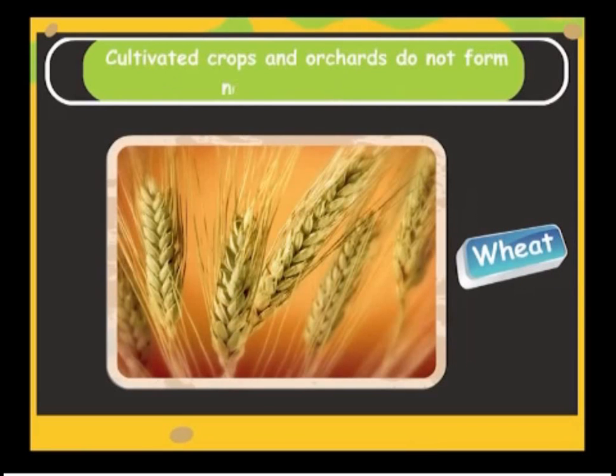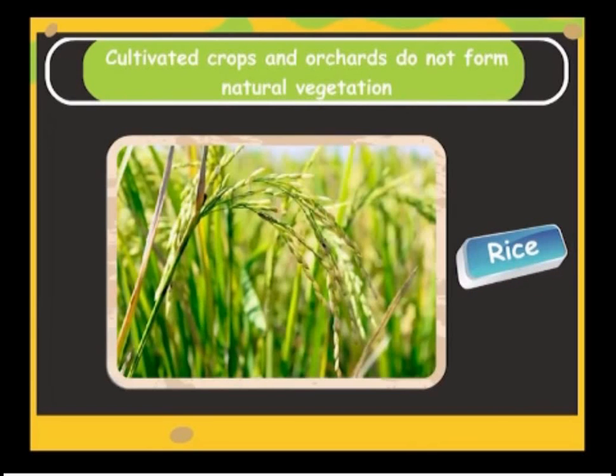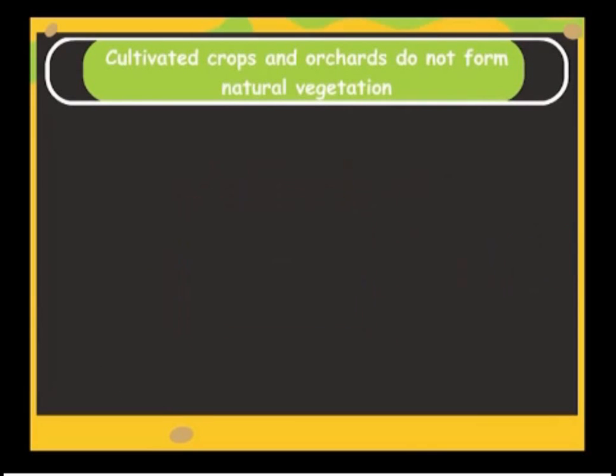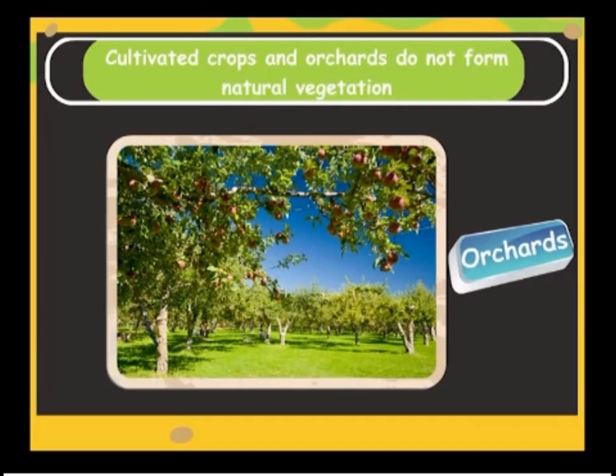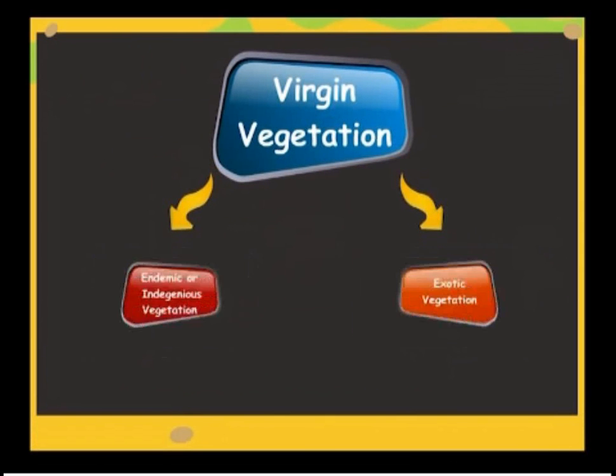All types of crops we grow, like wheat, maize, rice, and orchards, form a part of vegetation, but they do not grow naturally. The virgin vegetation can also be classified into two types.